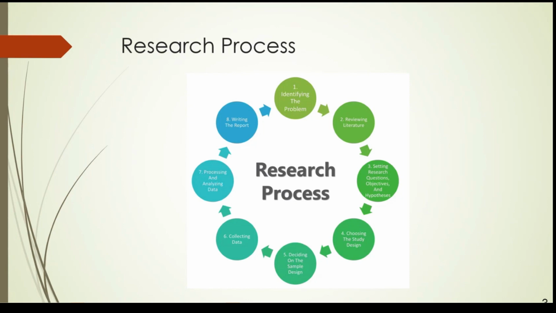This is known as literature review. The literature must be from reliable sources, such as journals and some conference proceedings. Having identified the problem from reliable sources, we set the research questions.